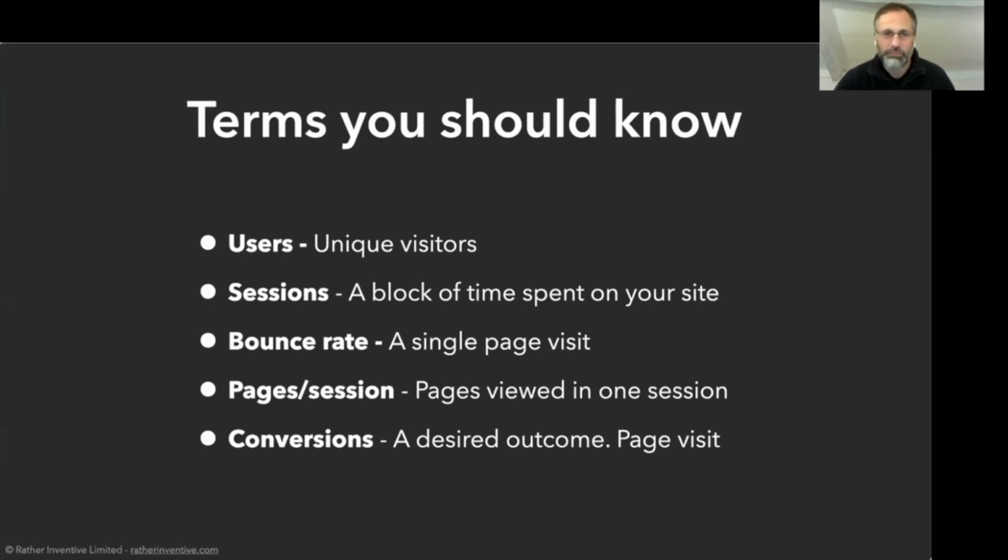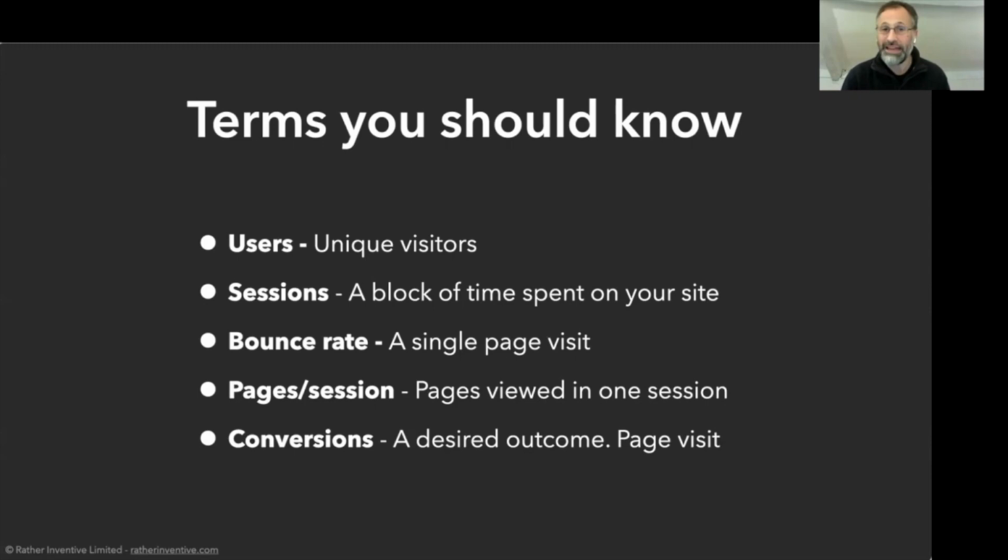Okay, just a few terms you should know. First of all, users. These are unique visitors to your website. People use different terms, and I think Google has moved to this term over time, but certainly in GA4, they are called users. Depending on your time range, it's looking at one unique person that has visited that website.